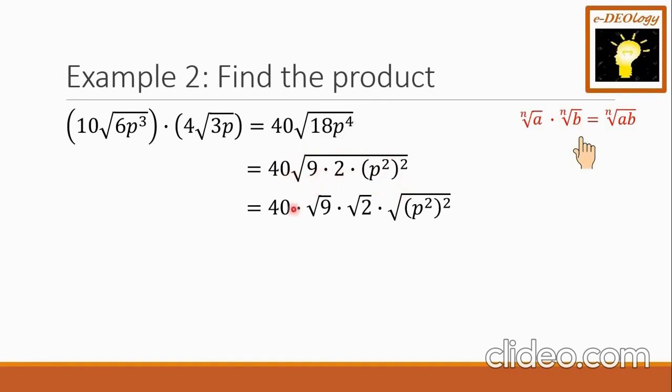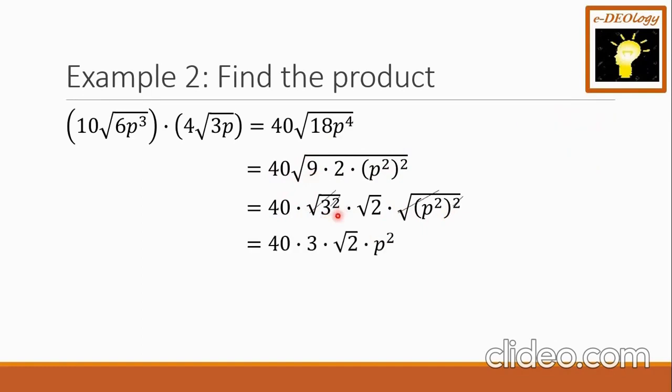So we have now, first the 40 I copied here, times the square root of 9, times the square root of 2, times the square root of that p squared and again squared.